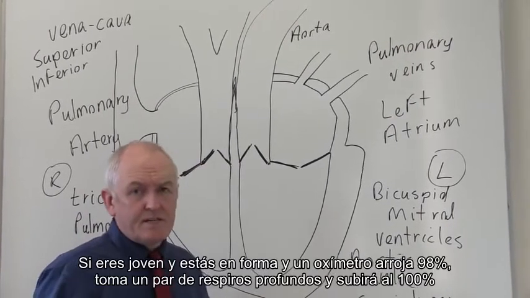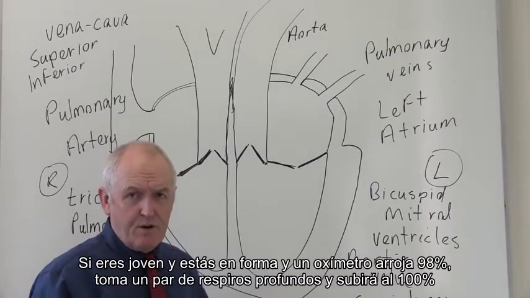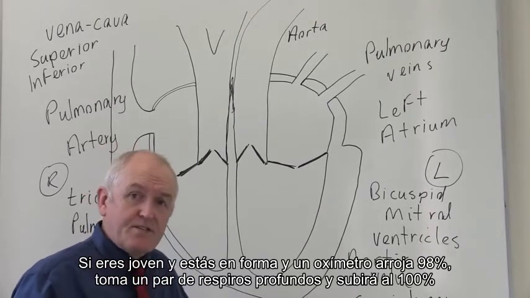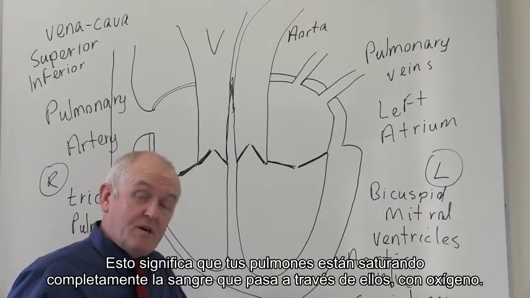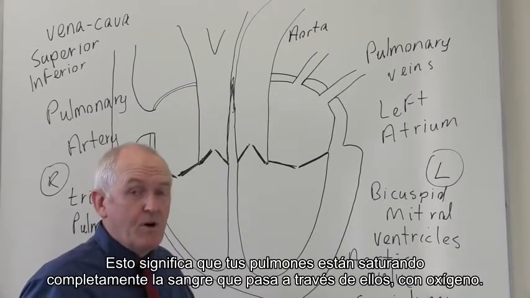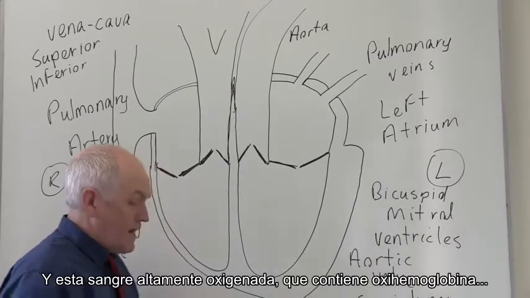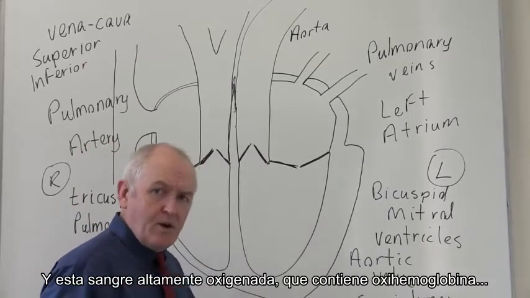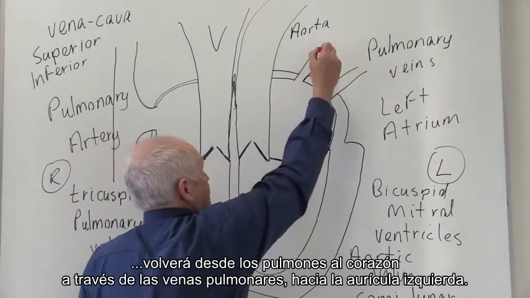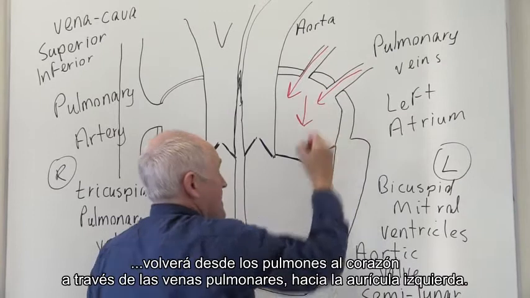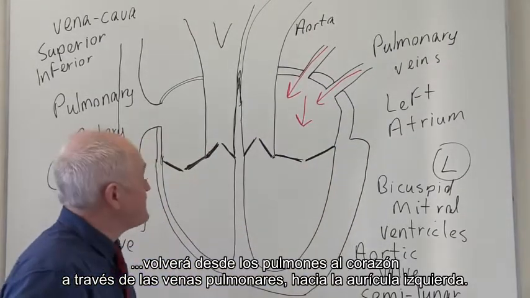And if you're young and fit, if you put an oxygen saturation probe on your finger, you find it's 98%, take a few deep breaths and it will go up to 100%, meaning your lungs are completely saturating the blood passing through them with oxygen. And this highly oxygenated blood containing the oxyhemoglobin is going to return from the lungs in the 4 pulmonary veins into the left atrium.